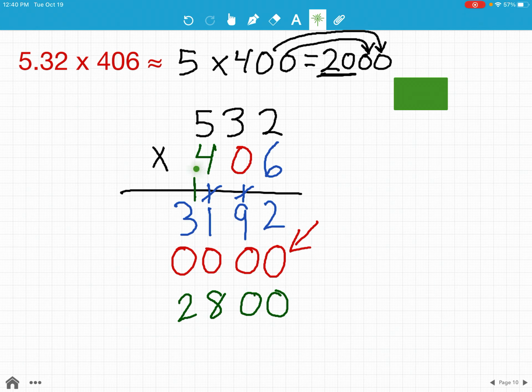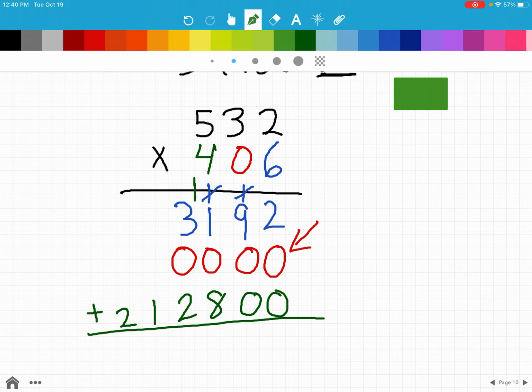Then we have 4 times 5 plus 1, which is 21. And yes, it's sticking out. So right now, if I look at my last partial product, I see there's a lot of digits here, and we only had 4 digits in our estimation. So let's see what happens.